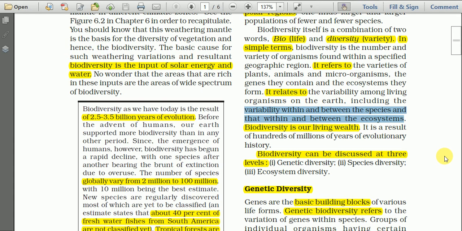So that means variability may be among the living organisms, variability may be among the species, variability may be within the ecosystem also, or between the ecosystems also. There will be variabilities.